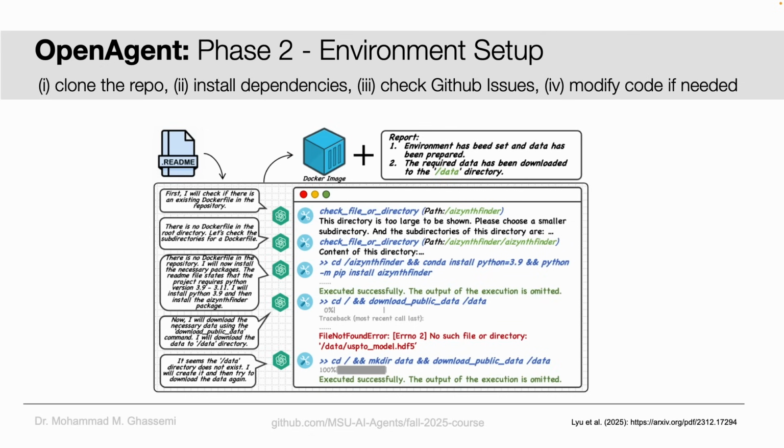They're using a combination of planning, action, and observation, just like we showed initially, delegation to agents with tools in order to solve a vast majority of the problems. And this is just one example of how they're doing that to set up the environment in the second step of OpenAgent.